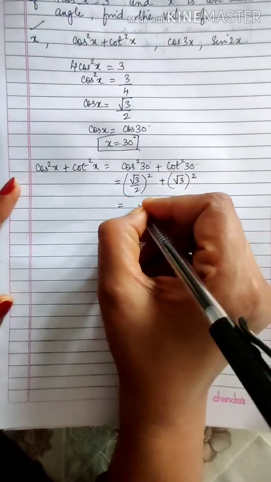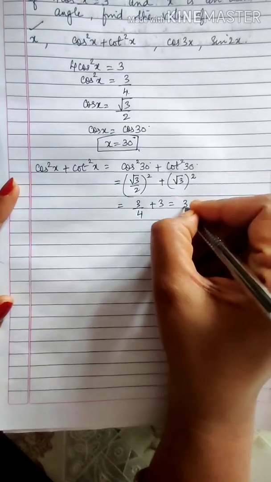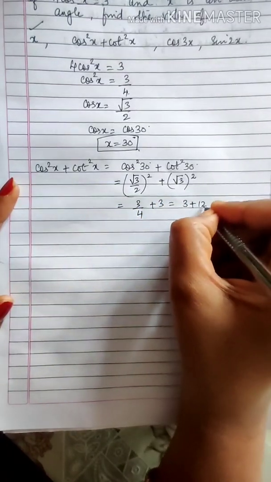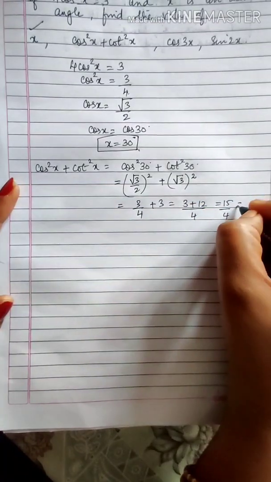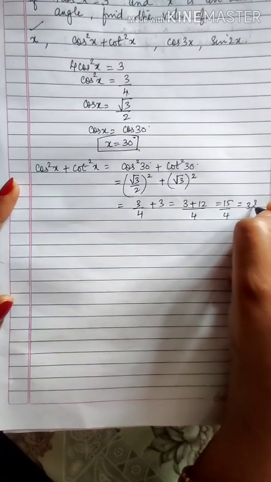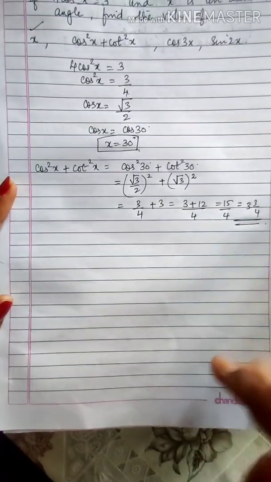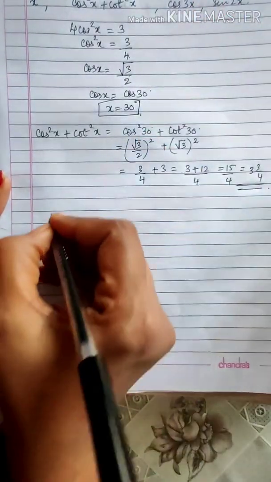Now solving this, you get 3 upon 4 plus 3, which will give you 3 plus 12 upon 4, which is 15 by 4, which can be written as 3 by 4. The next part is cos 3x.